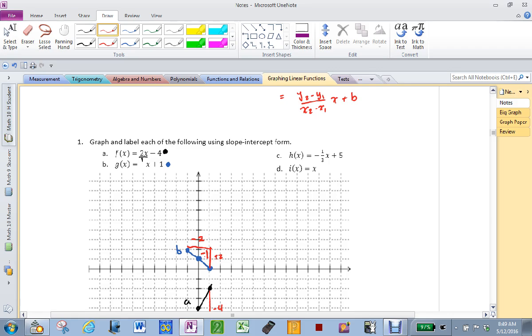Yeah. Okay. What's different about C? Do I have a y-intercept? 5. 1, 2, 3, 4, 5. Green dot, yeah? What's different now? There's a fraction. Fraction should be easier, shouldn't it?